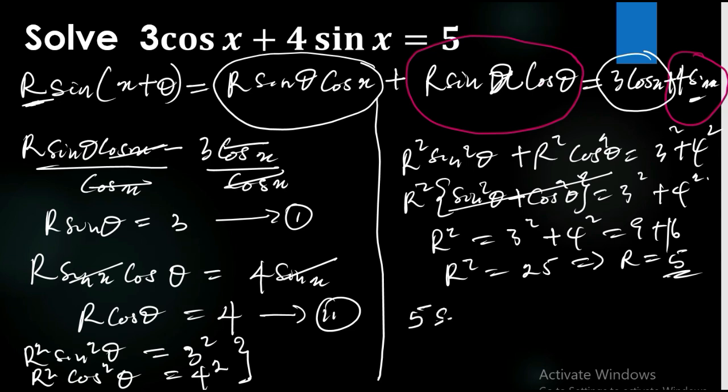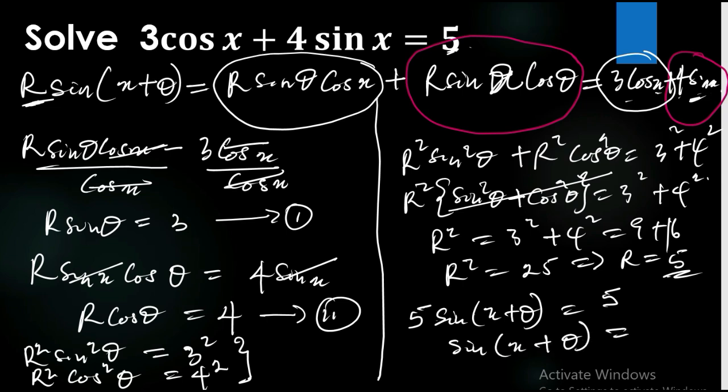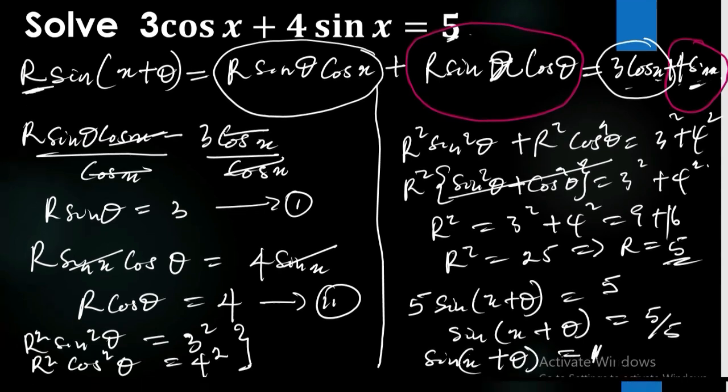So that I'll have 5 sine (x plus theta) equal to 5, because 3 cos x plus 4 sine x is equal to 5. So that sine (x plus theta) is equal to 5 over 5. Sine (x plus theta) equals 1.